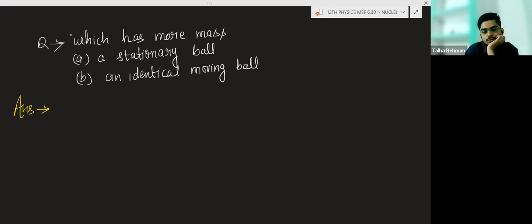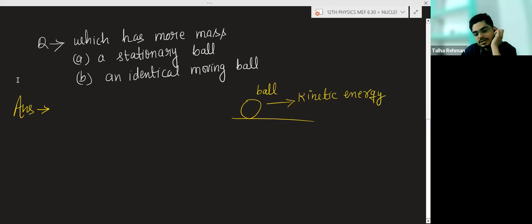If the ball is moving, suppose this is a ball and this ball is moving, then this ball will have kinetic energy. And I am not considering the heat energy.